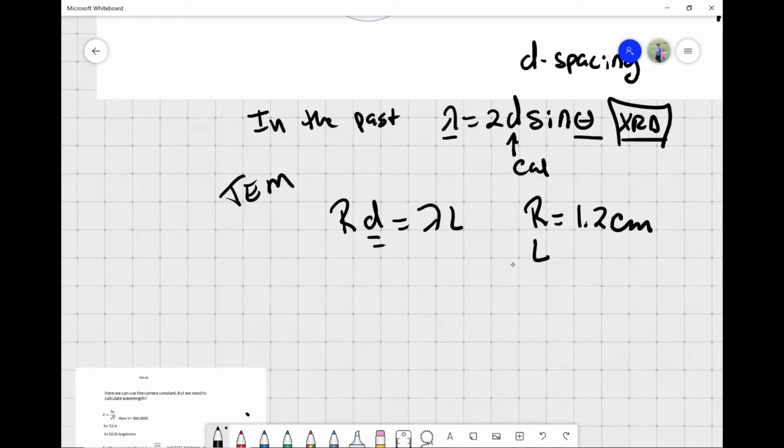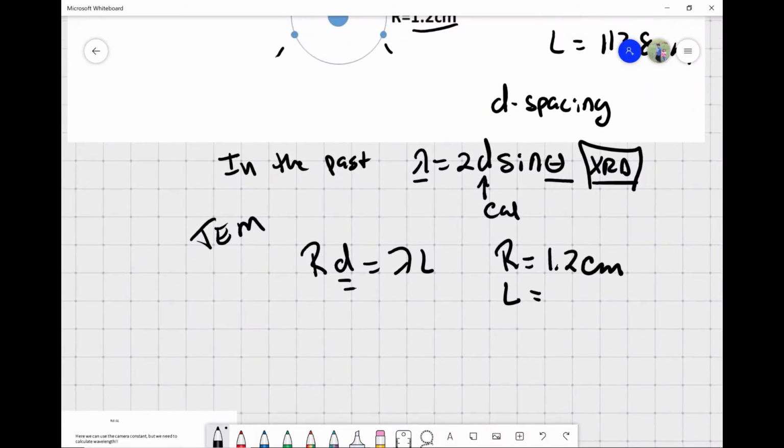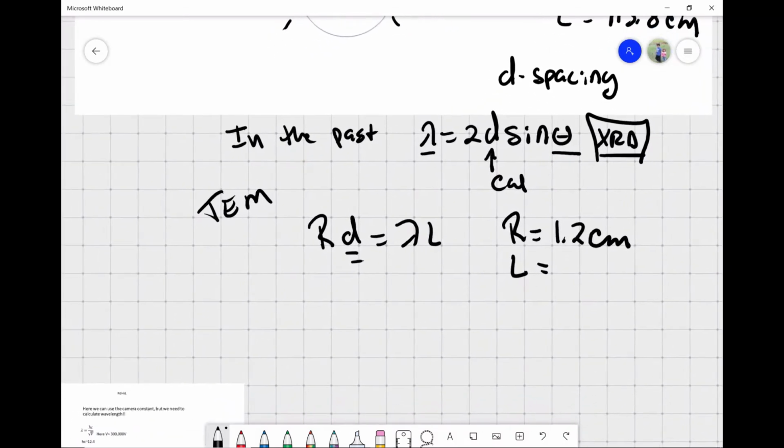And we have L, because our machine has a set L, so 113.8 centimeters. And we know that lambda L is in angstroms.